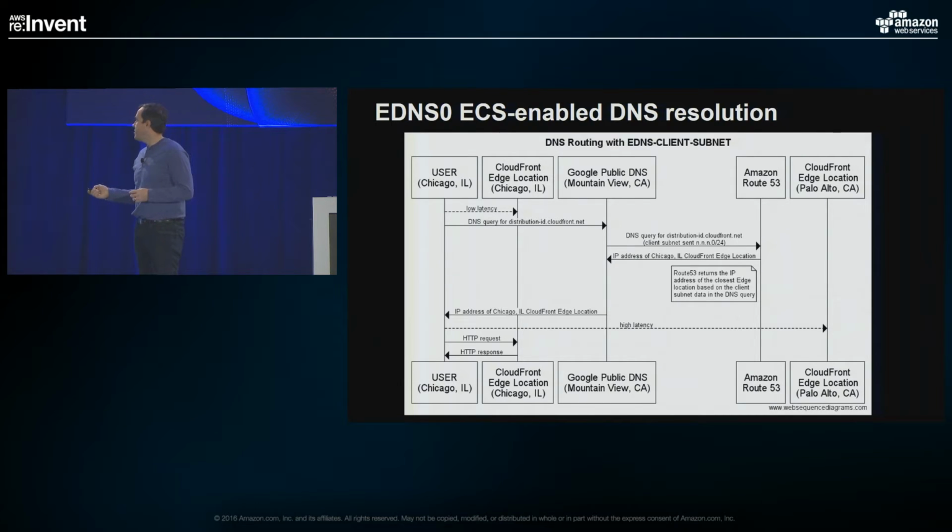So based on that, we are able to look up that subnet and say, okay, this came from Mountain View, but actually we know this user is in Chicago due to ECS. So then that bubbles all the way back. It sends back the address of the Chicago POP, and now the user is having this nice low latency, high throughput connection to the local network, to the local POP, as opposed to going globally, going to California.